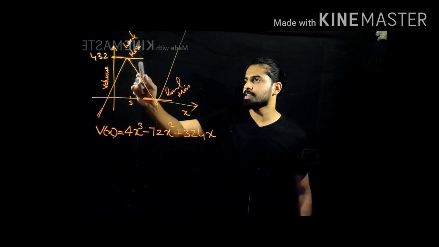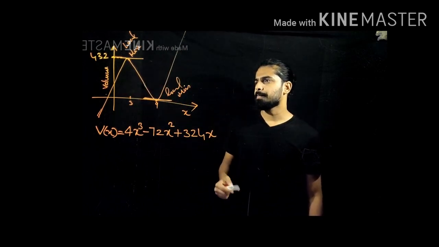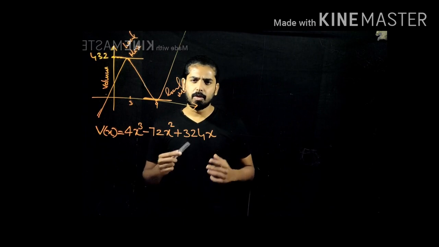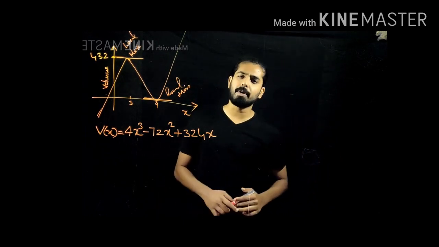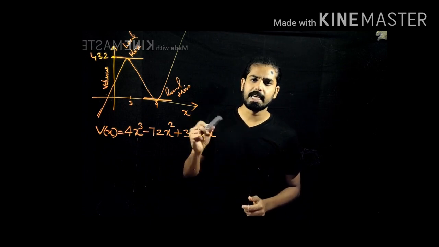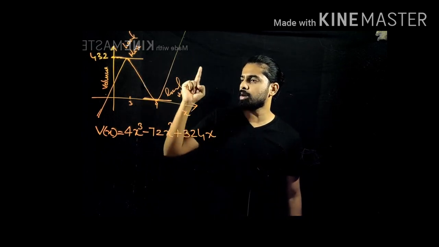The slope of the tangent will be 0 at local maxima and local minima. You already know the geometrical meaning of slope, it is the derivative. So the derivative is equal to 0 at local maxima and local minima.